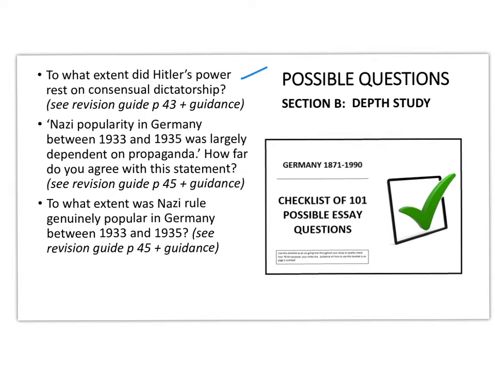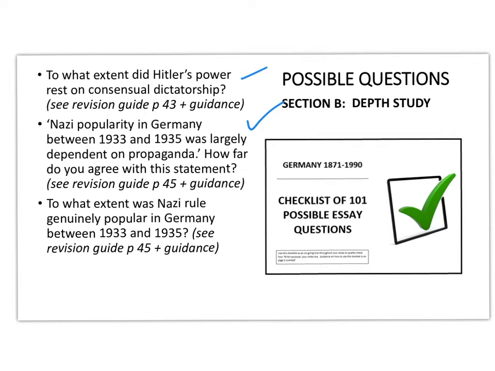Then you've got another one, which is in the revision guide as well: Nazi popularity in Germany between 1933 and 1935 was largely dependent on propaganda. The proposition of that question is about the nature and effectiveness of propaganda, but the topic itself is about Nazi popularity. It's about support and opposition, how far people supported the Nazi regime.